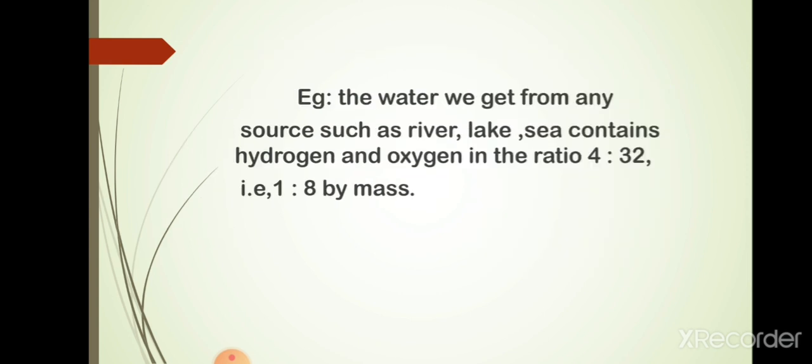Example, the water we get from any source such as river, lake, sea, etc. contains hydrogen and oxygen in the ratio 4:32, that is 1:8 by mass. Thus, we can say that a pure compound always contains exactly the same elements in the same proportion by mass.